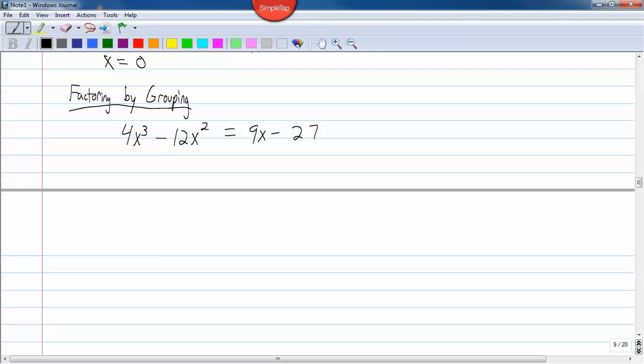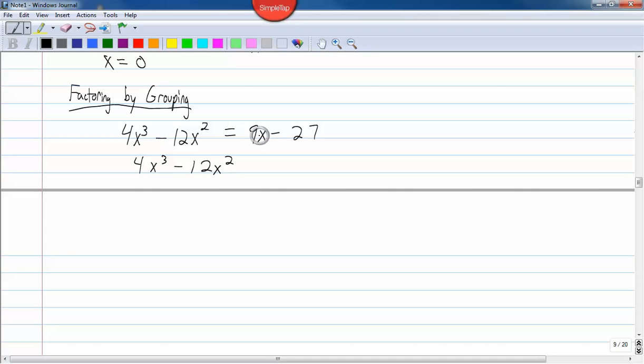The first thing that you want to do, if you want to attempt to factor by grouping, is to move everything to the same side of the equation. Since my largest power has a coefficient that's positive, I'm going to take these terms on the right side and move them over to the left side. I can join the party on the left side.